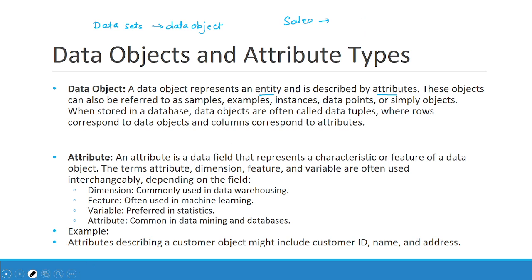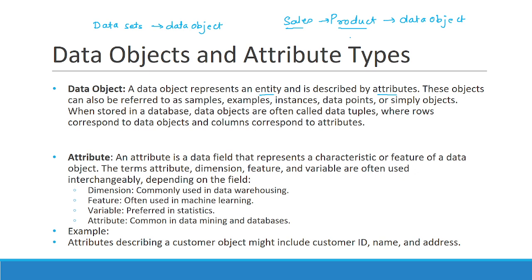So in your sales data, you will have products. So product is what? Product is nothing but the entity, or product is your data object. The object of your sales data is product.